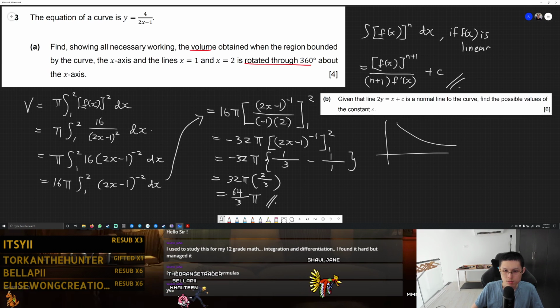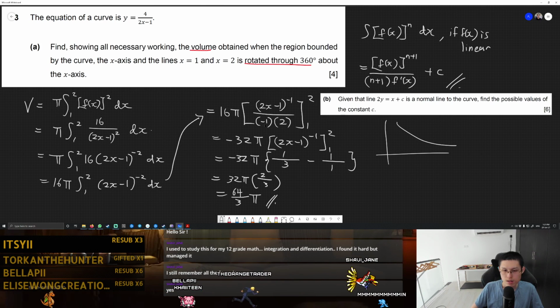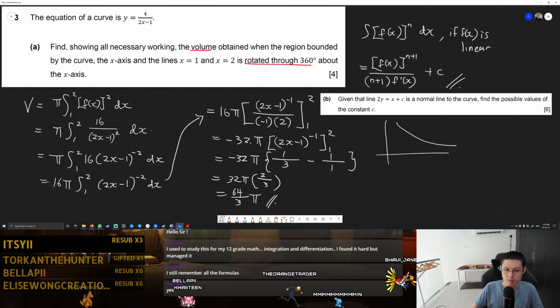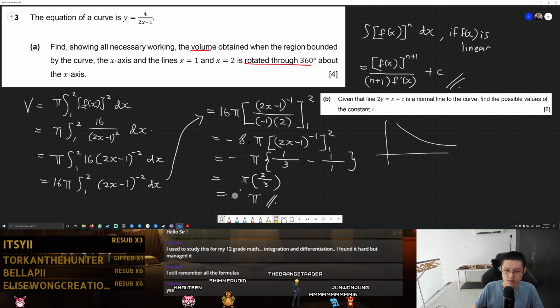Differentiate this, we get 2, put it 1 here. Oh, whoops, sorry. This should have been an 8, because I should be dividing, not multiplying. Okay, this should be an 8 right here, so 8 right there. So 16 over 3. Okay, that's fine.